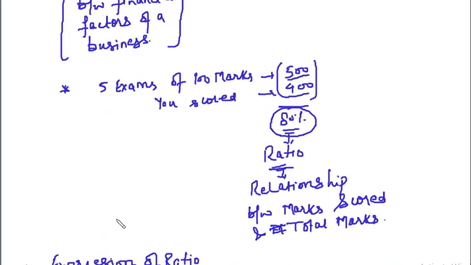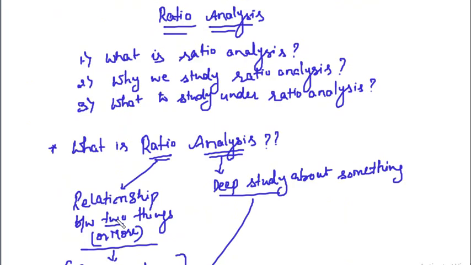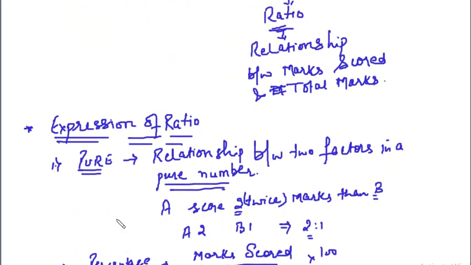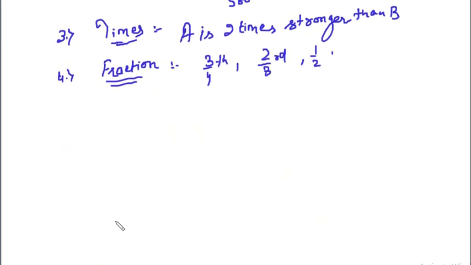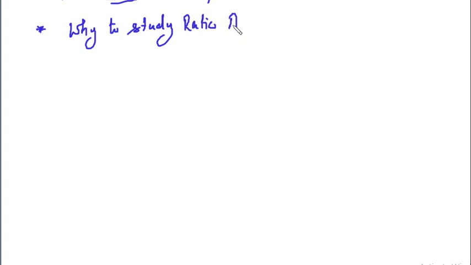Now quickly we'll see why we are studying this ratio analysis. If we talk from the business point of view, this ratio analysis plays a very important role. Why does it play an important role? You try to figure out the business position. Why study ratio analysis?